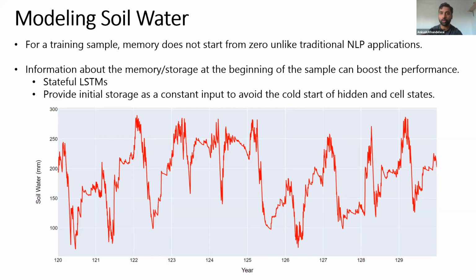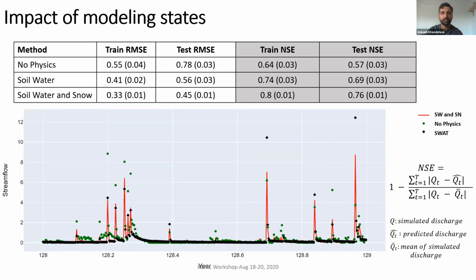But what we saw in our current experiment was that if we use just 7 inputs without this initial value idea, we were not getting any improvement from 0.78. So that kind of gives you an indirect answer that a simple modeling of soil water was not enough to get that performance improvement.